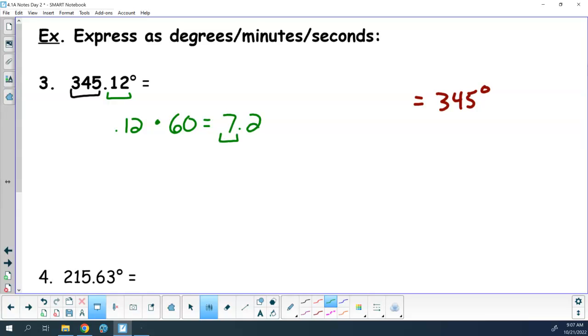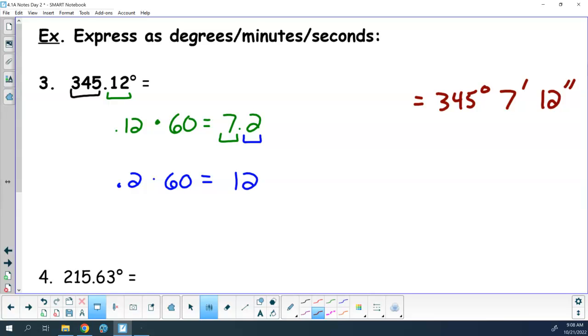So this 7, that whole number in front of the decimal point, is your minutes. Then you take the decimal again, 0.2, and multiply it by 60 again. 0.2 times 60? 12. So then there's 12 seconds.